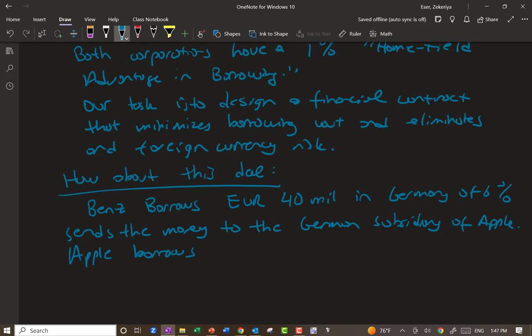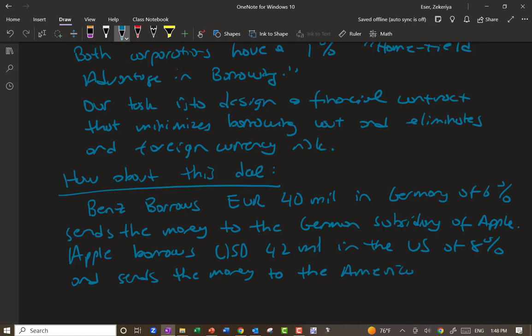Apple borrows 42 million dollars in the US at 8% and sends the money to the American subsidiary of Benz. So the first part is done.